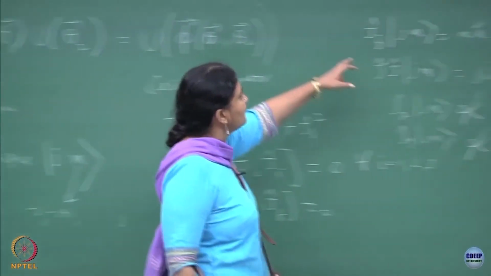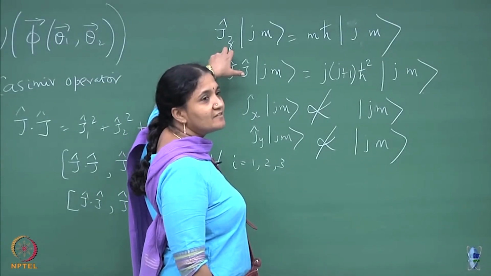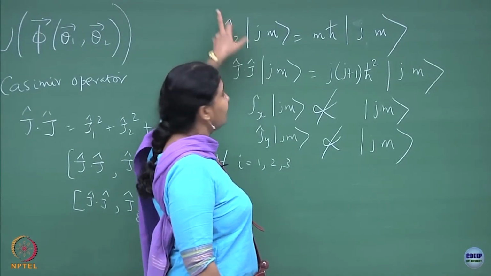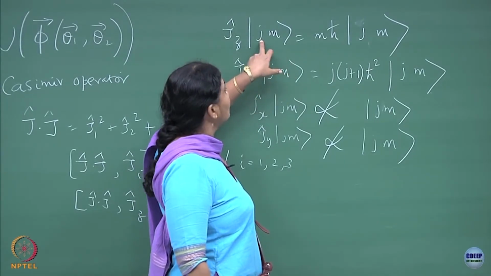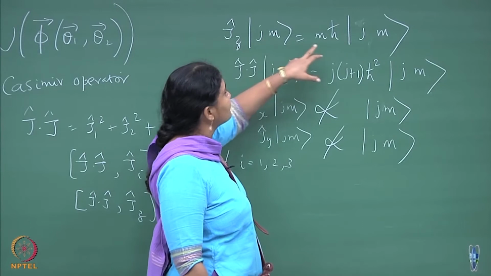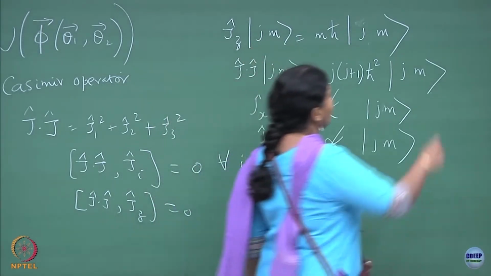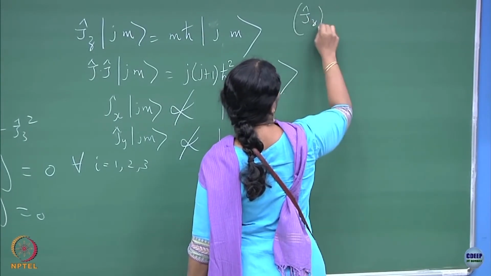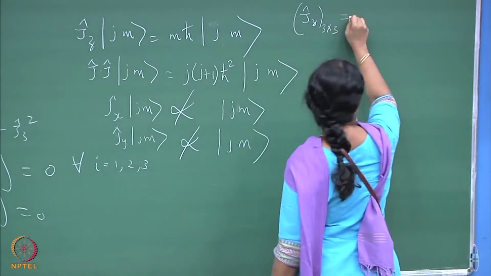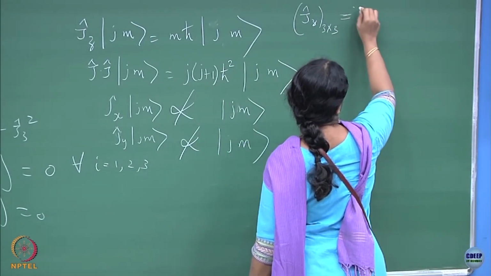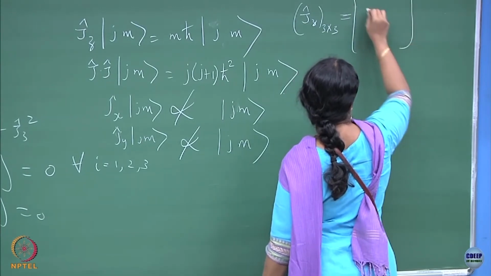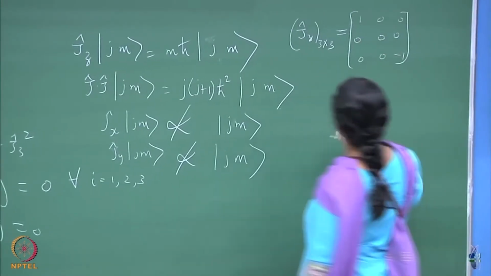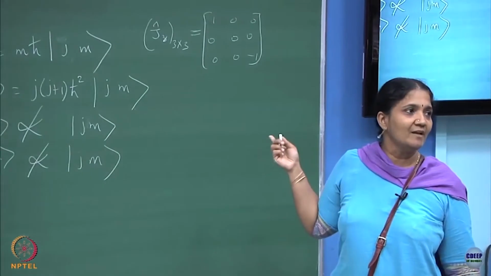In fact, using this you can also see the matrix representation for every j. I constructed this for j equal to half by showing that it is 1 and minus 1. If you take j equal to 1, you can construct the matrix. If you want to find Jz, which is a 3 cross 3 matrix, you can write it down, because it's an eigenvalue equation.